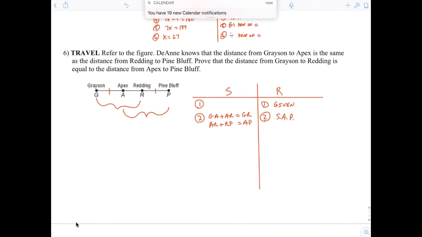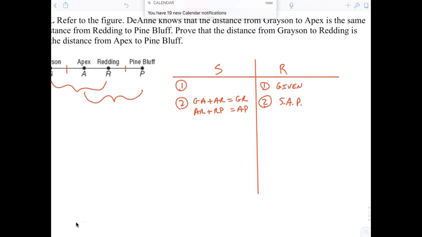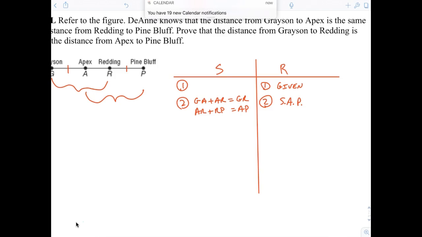But isn't that what we're trying to prove? We don't know that GR is equal to AP yet. Right? So what am I doing? GA plus AR is equal to AR plus... That's what I'm saying. We're trying to prove it. So somebody tell me what's something else.